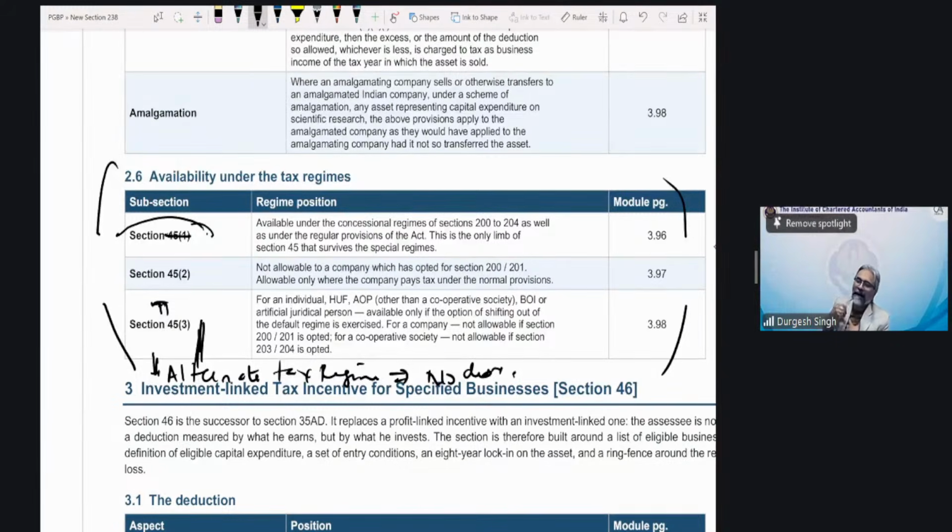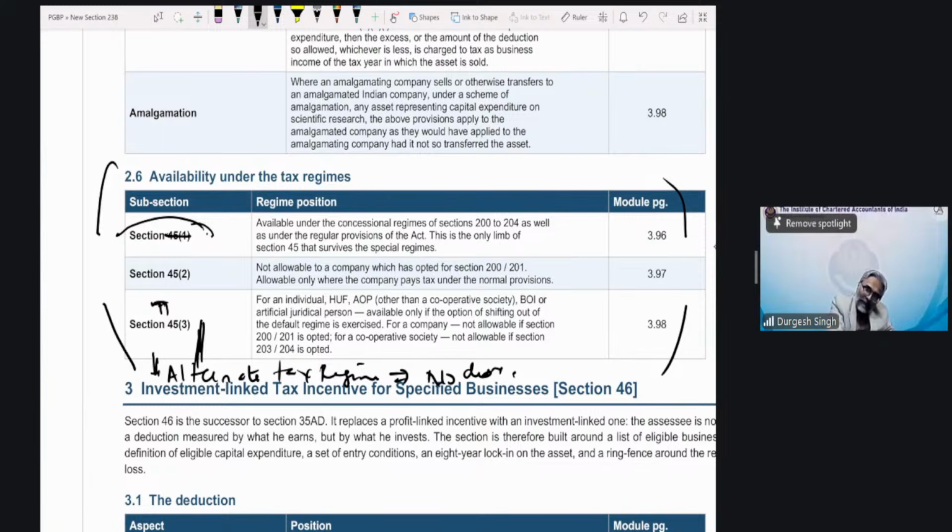If I have gone with the alternate tax regime, then I will not be getting deduction. Means for me, it's a default tax regime. Alternate tax regime for me as an individual, it is a default tax regime. So if I'm taking the alternate tax regime, then I will not get deduction. I have to opt out and I have to go to the normal provision.